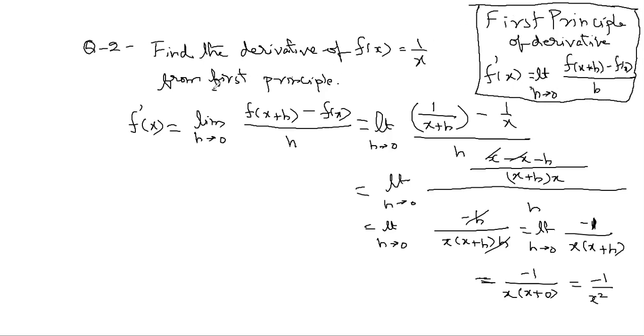Here you can see that in the question it says by first principle. If it is not written, just "find the derivative", then we can do it directly. How to do it directly? For that, I will prove one formula, then I will tell you how to write the derivative directly. So come back to that point.